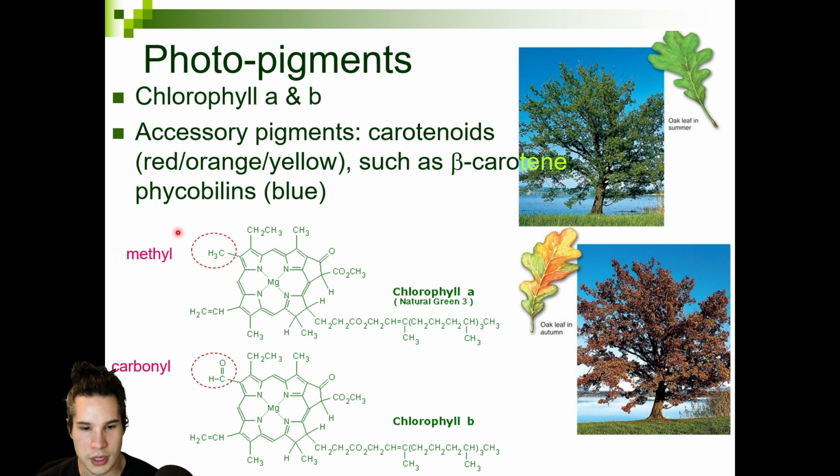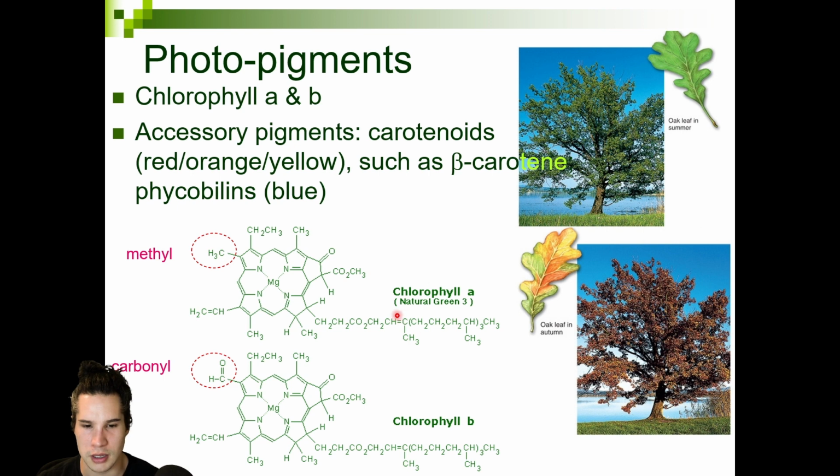Now, the difference between chlorophyll A and chlorophyll B is actually very small. You have a methyl group attached to chlorophyll A and a carbonyl group attached to chlorophyll B. This gives them different absorption properties, and therefore different reflection properties, and therefore different visual properties.